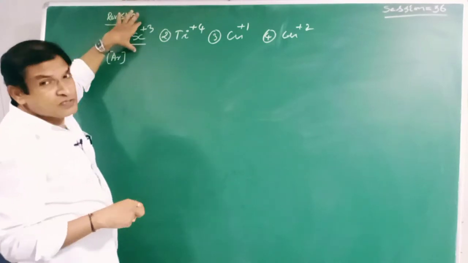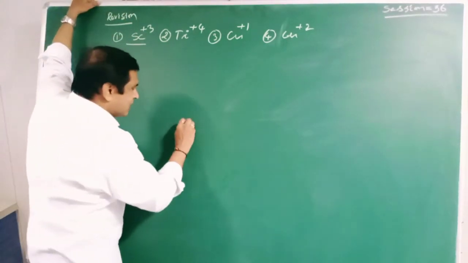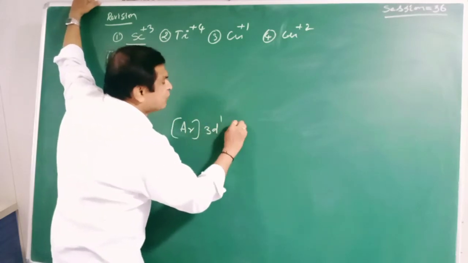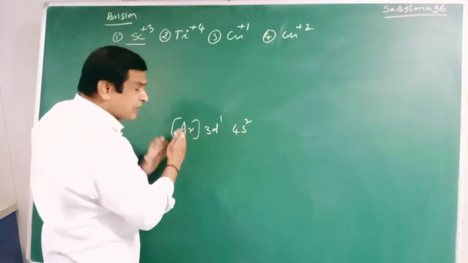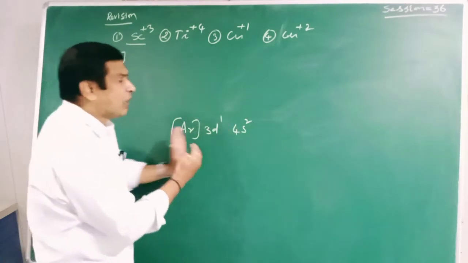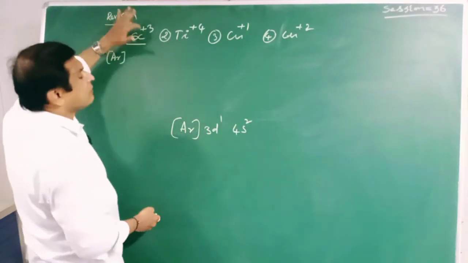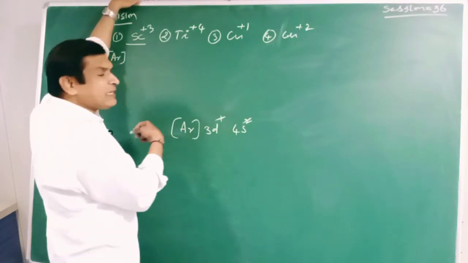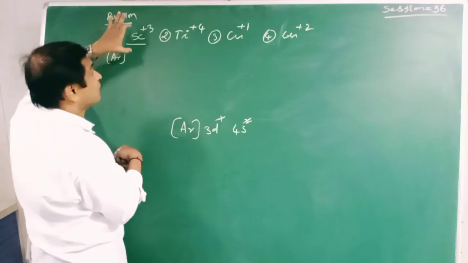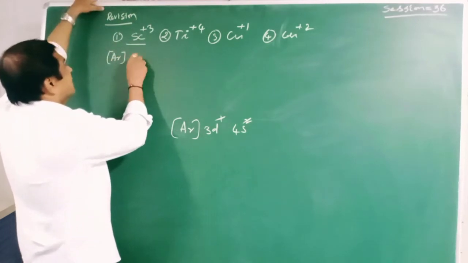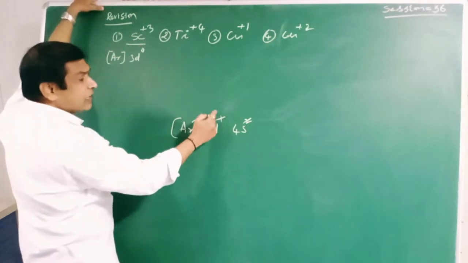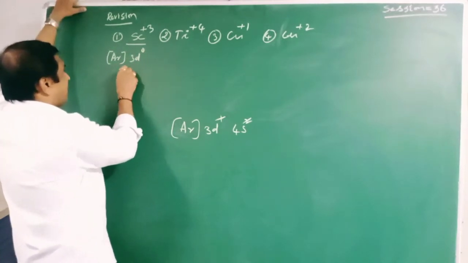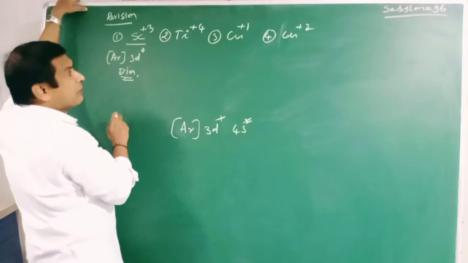Plus 3 means it loses the 4s2 electrons first and 1 electron from the 3d orbital. So the 3d orbital is completely vacant, which means it is diamagnetic. You should remember that.